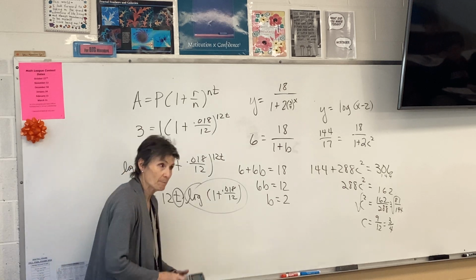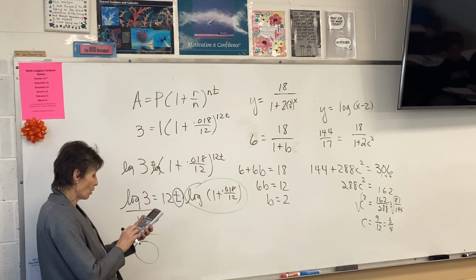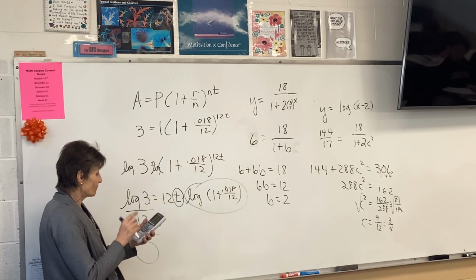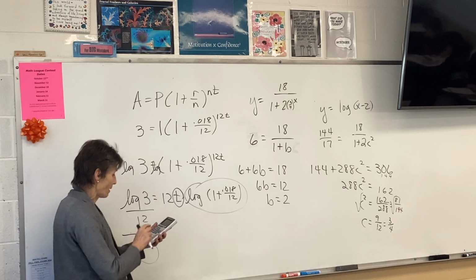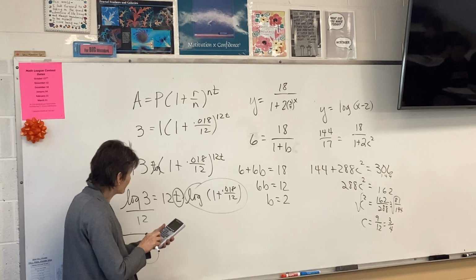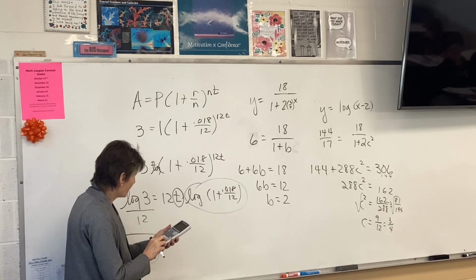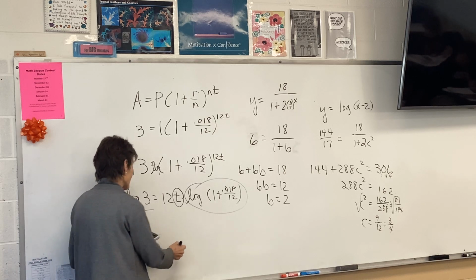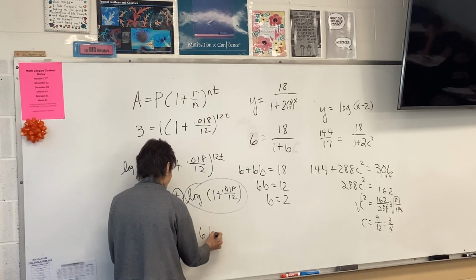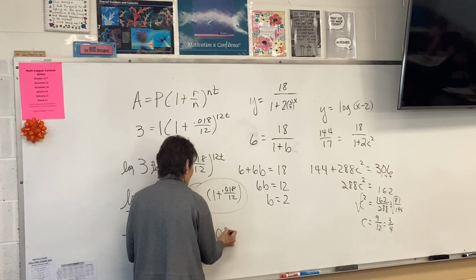So that's what I'm going to type on my calculator: log 3, close the parentheses, divided by 12, and then divide that by log of 1 plus 0.018 divided by 12, and the answer is it's going to take 61.08 years.